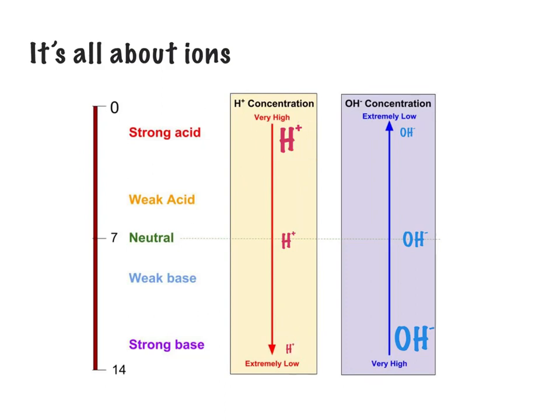The H pluses start off very, very high at low pHs and become very, very low at high pHs. The concentration of OH minuses is reversed. It starts off very, very low at low pHs and becomes very, very high at high pHs. I hope that has made a little bit of sense about the pH scale.